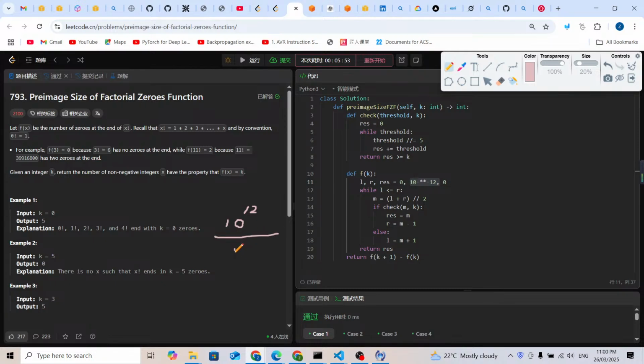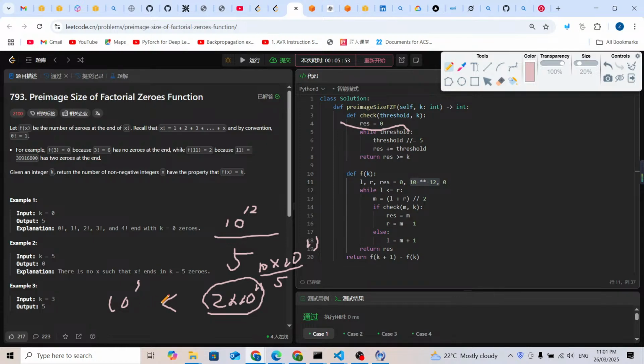So 10 to the power of 12 divided by 5, which number is it going to be? According to this check function, we can calculate. It's going to be 10 times 10 to the power of 11 divided by 5, so it's going to be 2 times 10 to the power of 11. This means we're going to have so many 5s. Definitely it's going to be more than 10 to the power of 9.